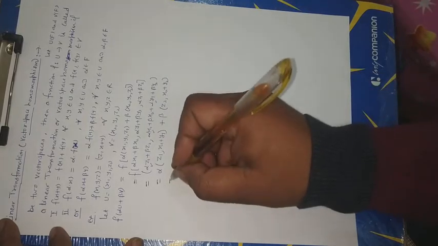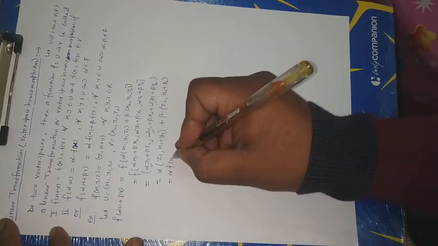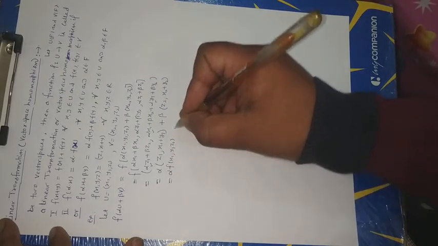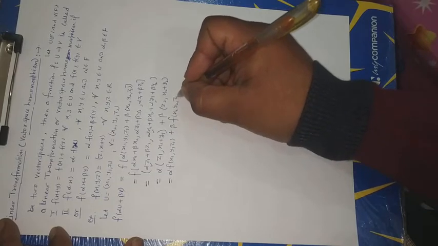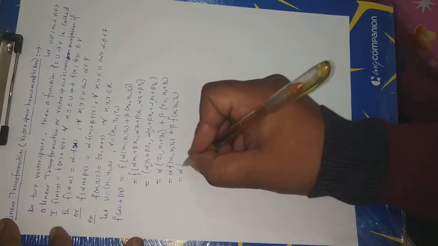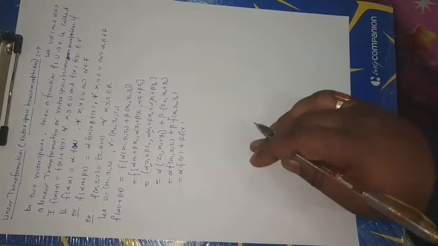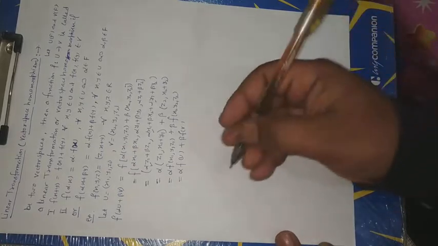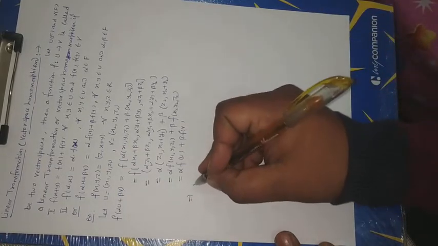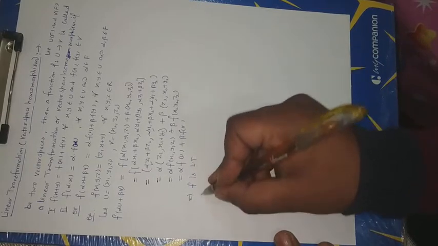Now this is equal to alpha f(x1, y1, z1) plus beta f(x2, y2, z2), that is alpha f(u) plus beta f(v). This implies the given mapping f is a linear transformation.